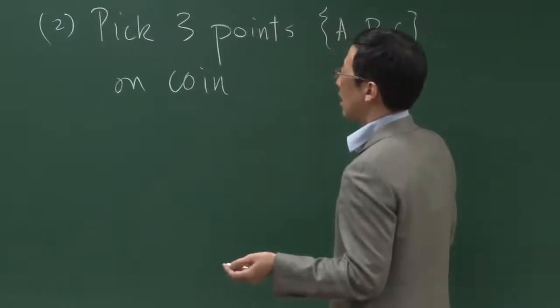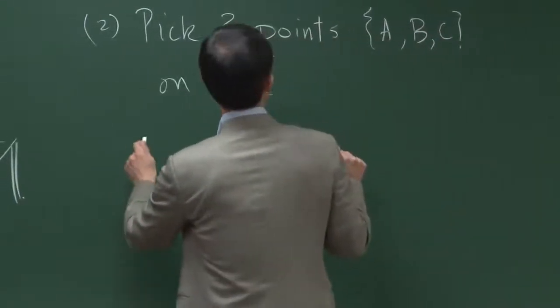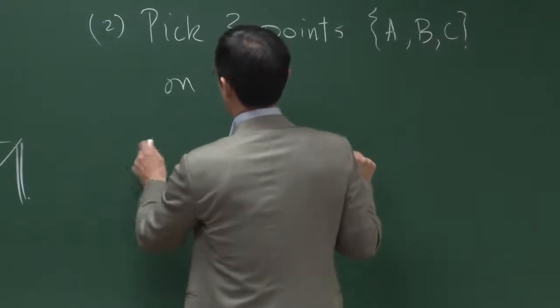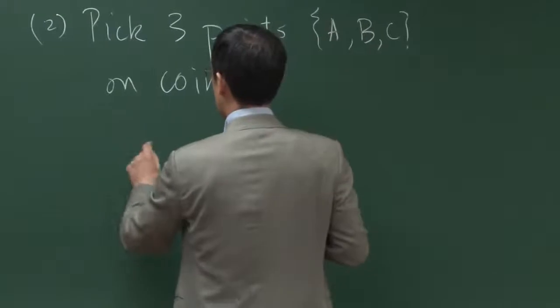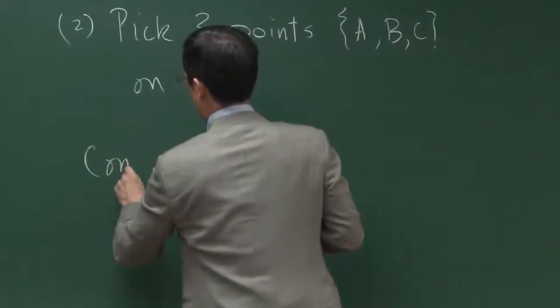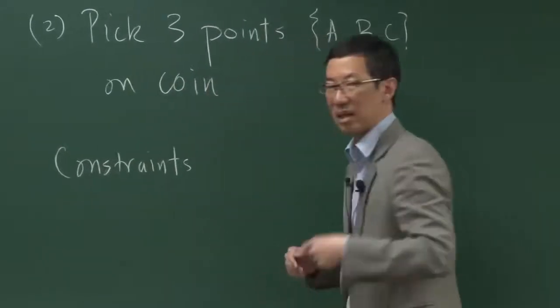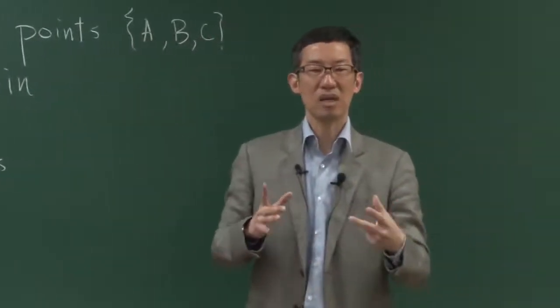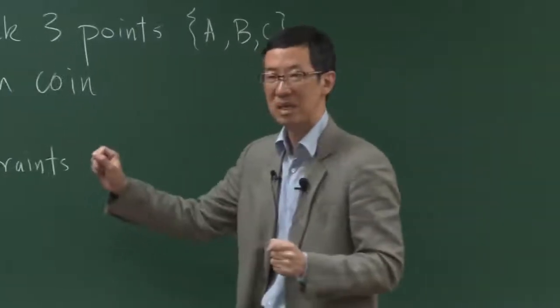All right. So next, what we're going to do is, let's write down coordinates. And then next thing we're going to do is think about what the constraints are on A, B, and C.